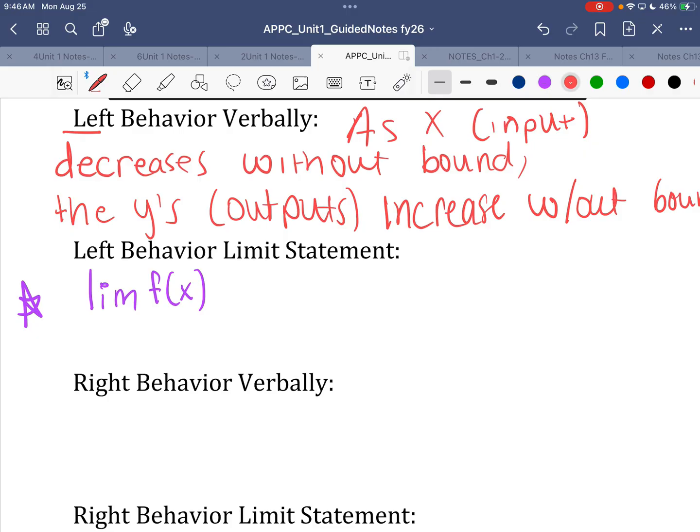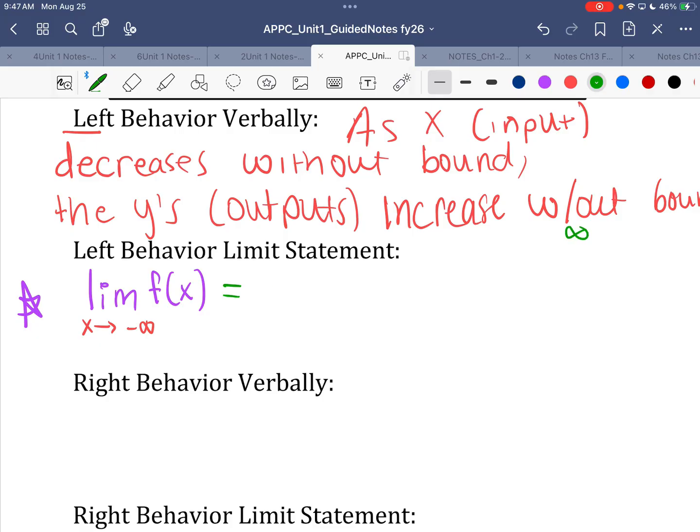Then right underneath LIM, you are writing x going to infinity or negative infinity or whatever you're trying to do the limit towards. So in this case, we'll say x goes to negative infinity because it's decreasing without bound. Then we put an equals sign. We said it was increasing without bound.